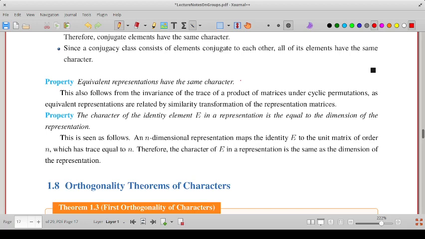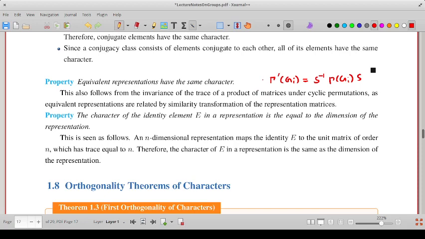This follows straightforwardly because if we have two representations gamma dash and gamma, then for each group element we will have gamma dash Gi equal to S inverse gamma Gi S, where S is some non-singular matrix. So if these two, gamma and gamma dash, are equivalent, that means there exists a non-singular matrix S that satisfies this condition.